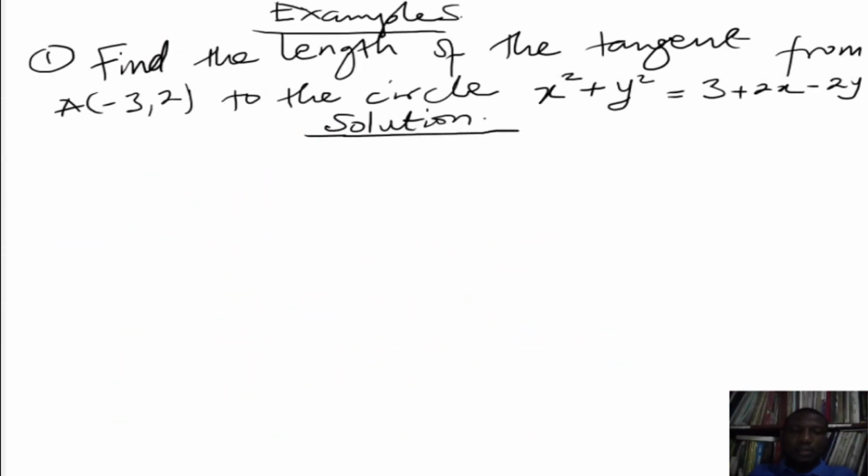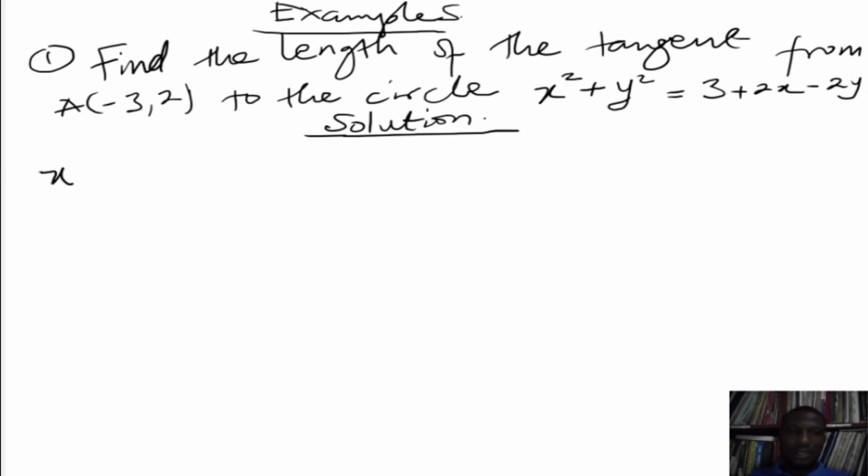Example 1 says, find the length of the tangent from point A with coordinates (-3, 2) to the circle x squared plus y squared equal to 3 plus 2x minus 2y. By the steps stated above, we have to find the center and radius of this circle so that we can use it. So I'm going to do that. But even this one, the equation of the circle is not written well, so I have to rewrite it for easy calculation.